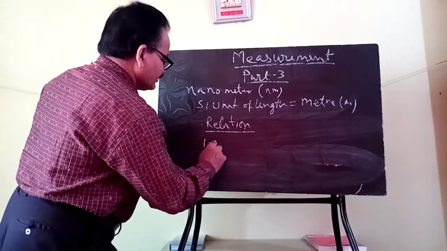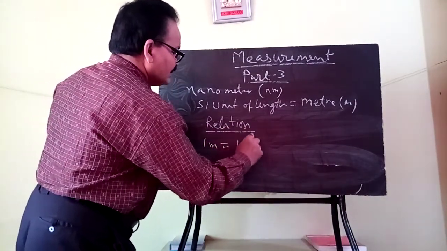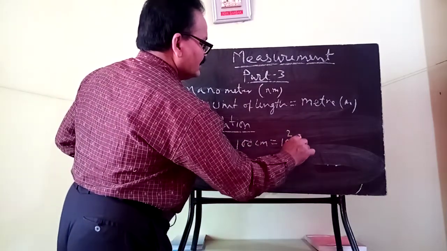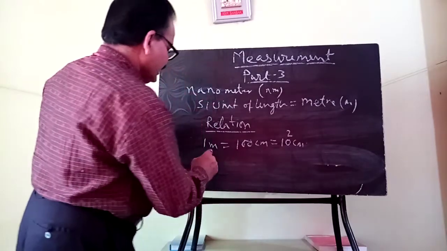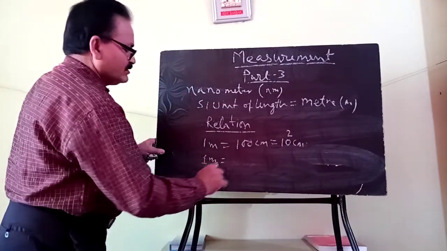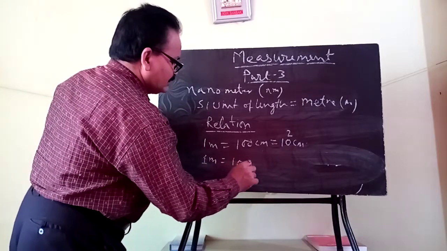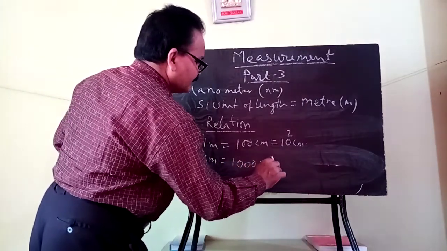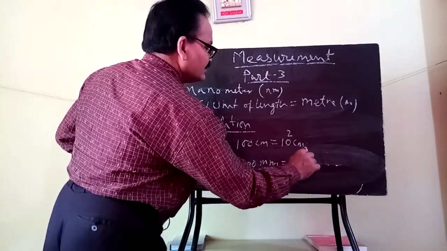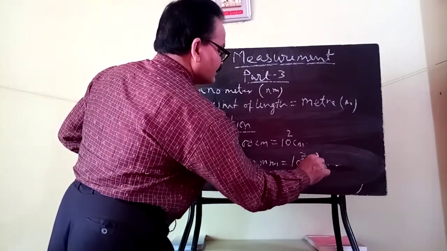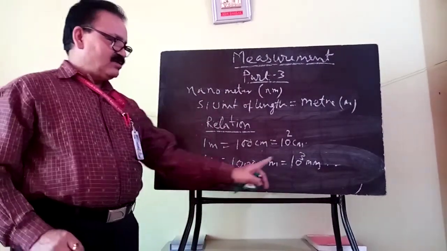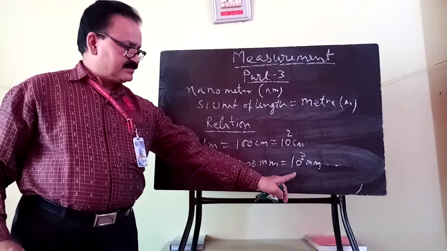1 meter equals 100 centimeter, that is 10 to the power 2 centimeter. And 1 meter is 1000 millimeter or 10 to the power 3 millimeter.